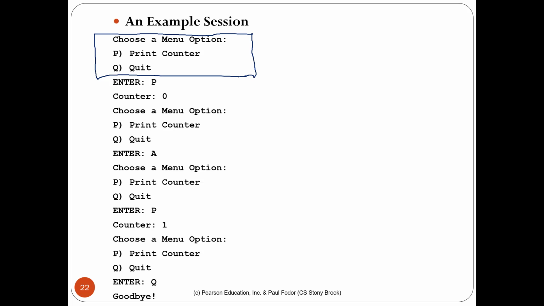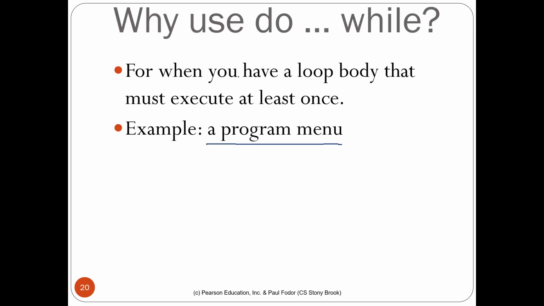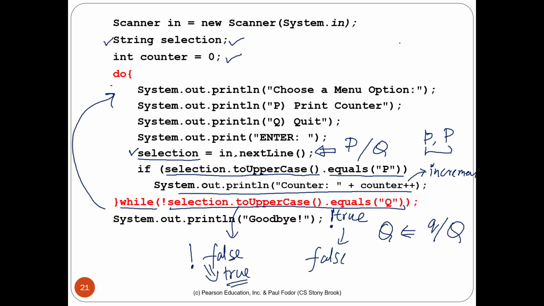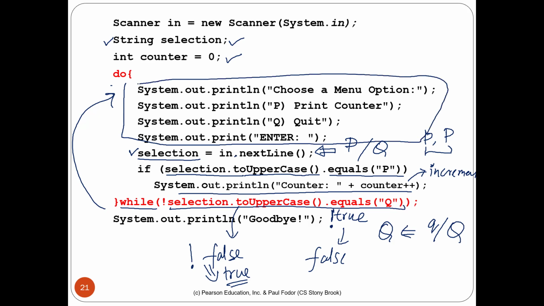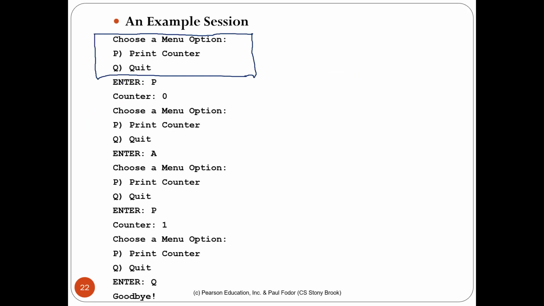So whenever you have a menu driven program, you should use a do while loop because we want to run that at least once. Alright, so this whole thing that you have is making your menu right here. Alright, choose a menu option, P for print counter, Q for quit.